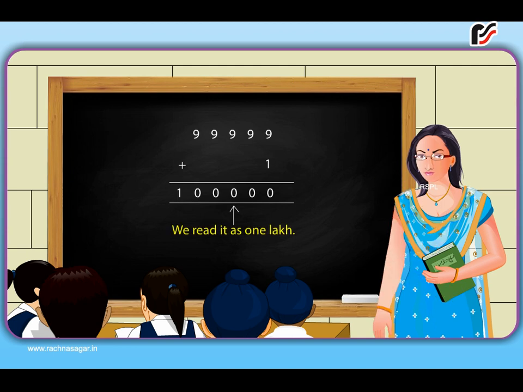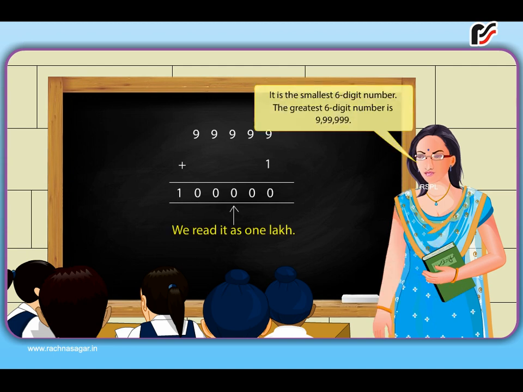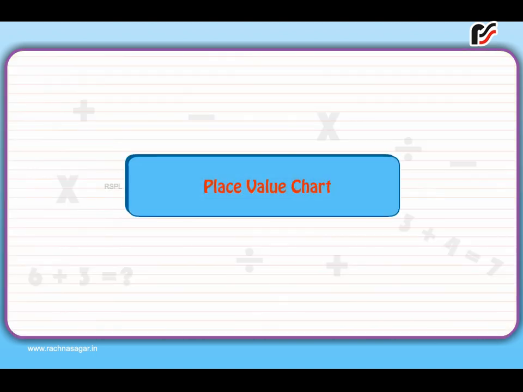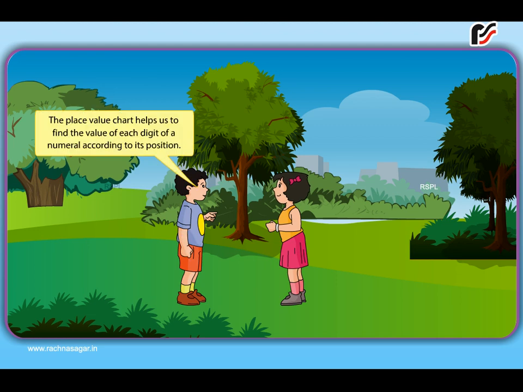We read it as 1 lakh. It is the smallest 6-digit number. The greatest 6-digit number is 9,99,999.